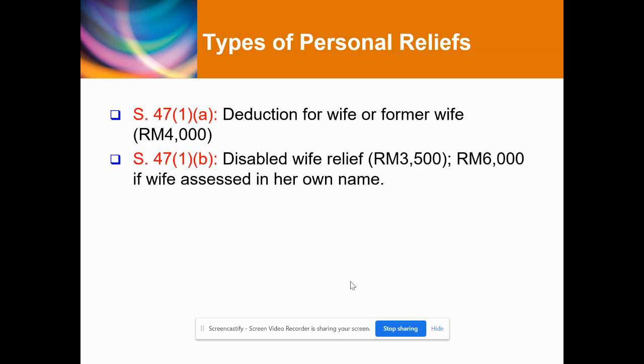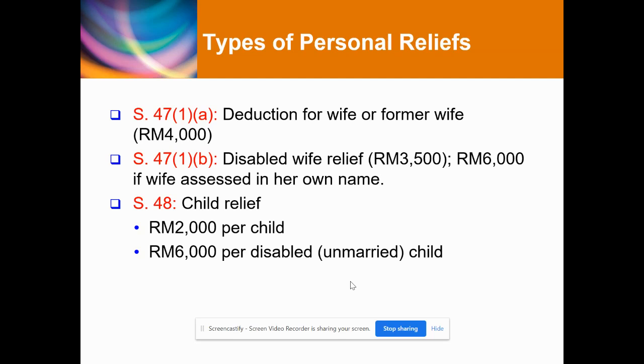Okay, disabled wife relief. If the wife is disabled, the husband can claim another 3,500 ringgit. Additional wife relief if the wife is a disabled person. All right, child relief. Okay, for child relief, in general, the child relief is 2,000 ringgit for each child.